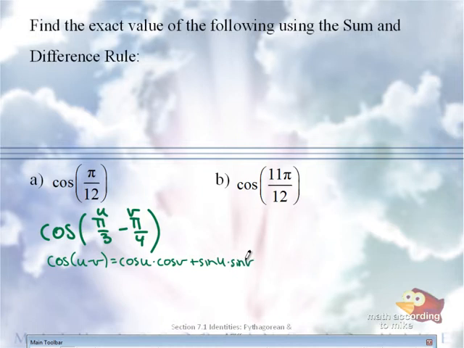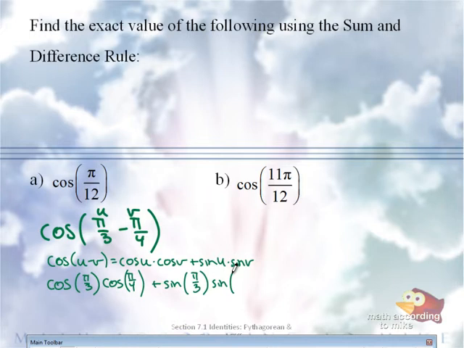So all the u's become pi over 3. So all the v's become pi over 4's. So we're going to have the cosine of pi over 3 times the cosine of pi over 4 plus the sine of pi over 3 times the sine of pi over 4.